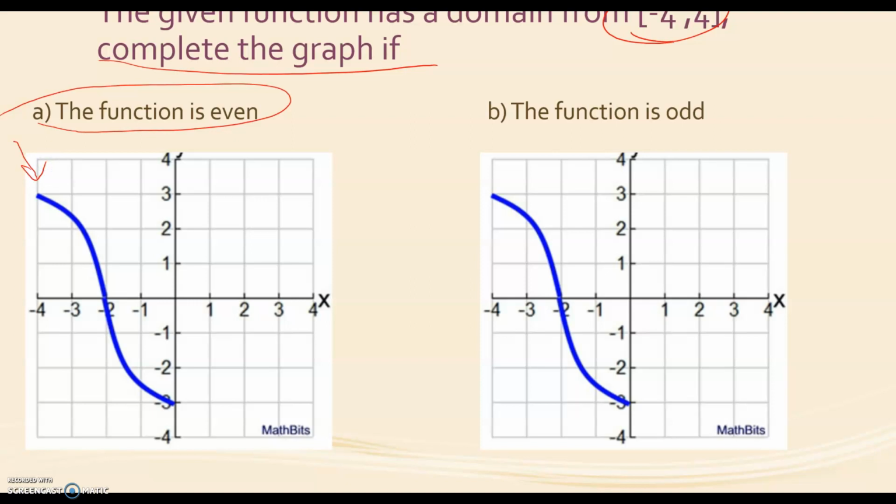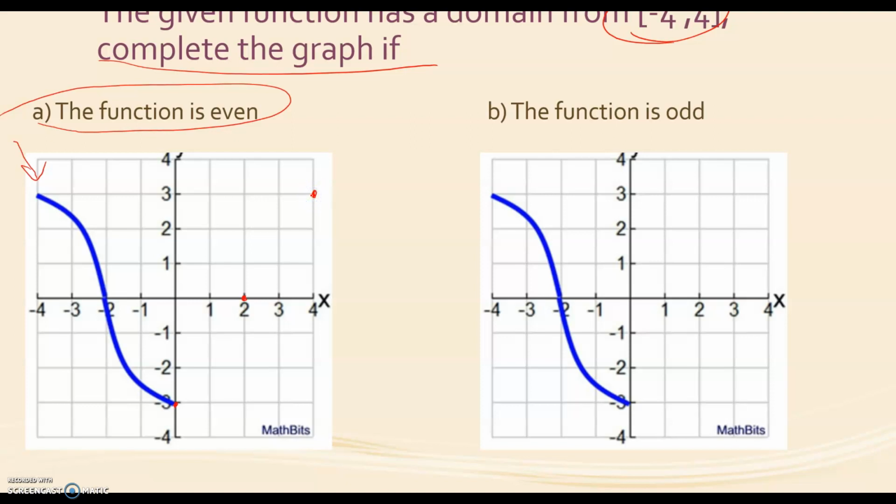So let's take a look. -3, 0 reflected across the y-axis is still at the same point. -2, 0 reflected across the y-axis is at 2, 0. Okay. -4, 3 reflected across the y-axis is 4, 3.